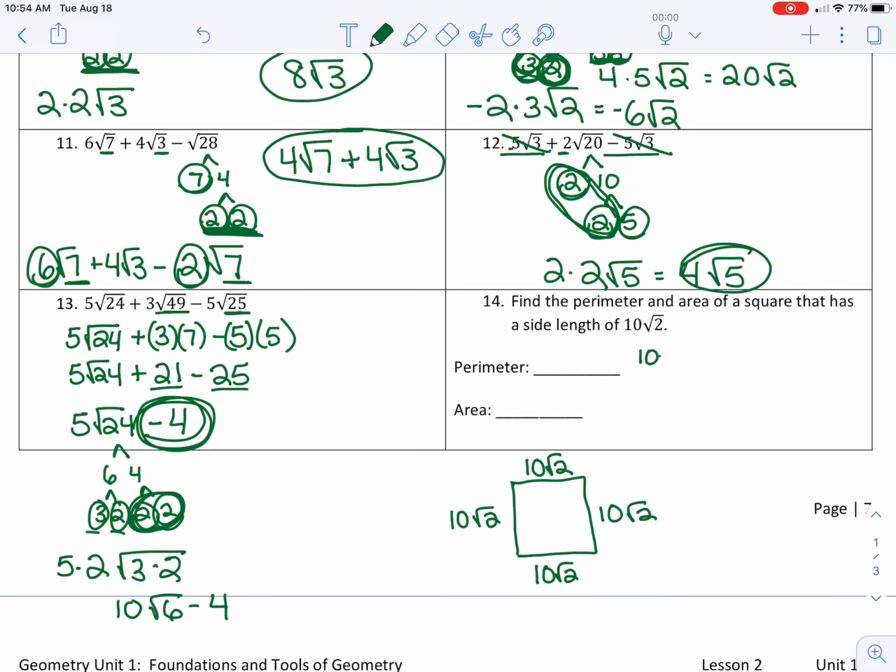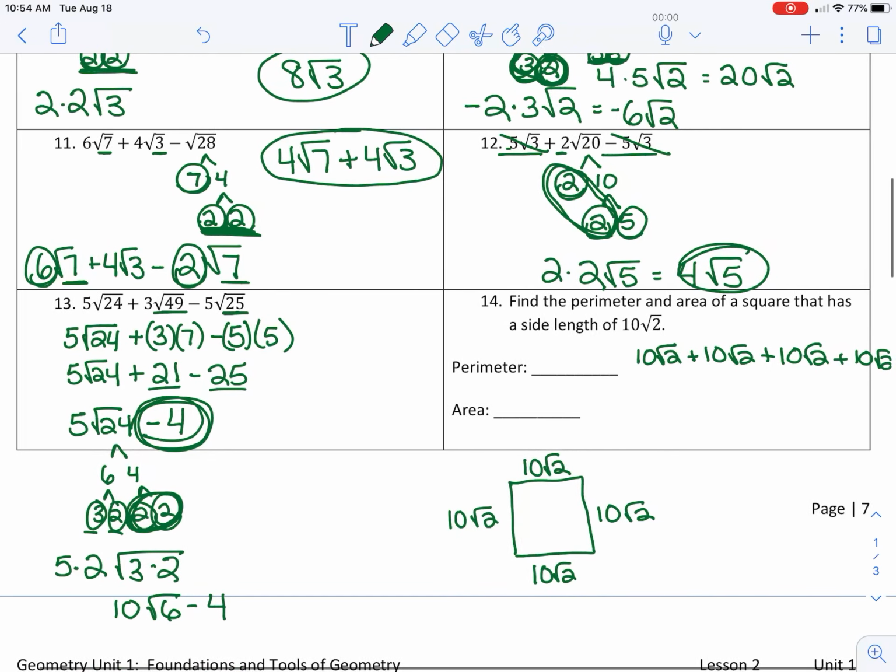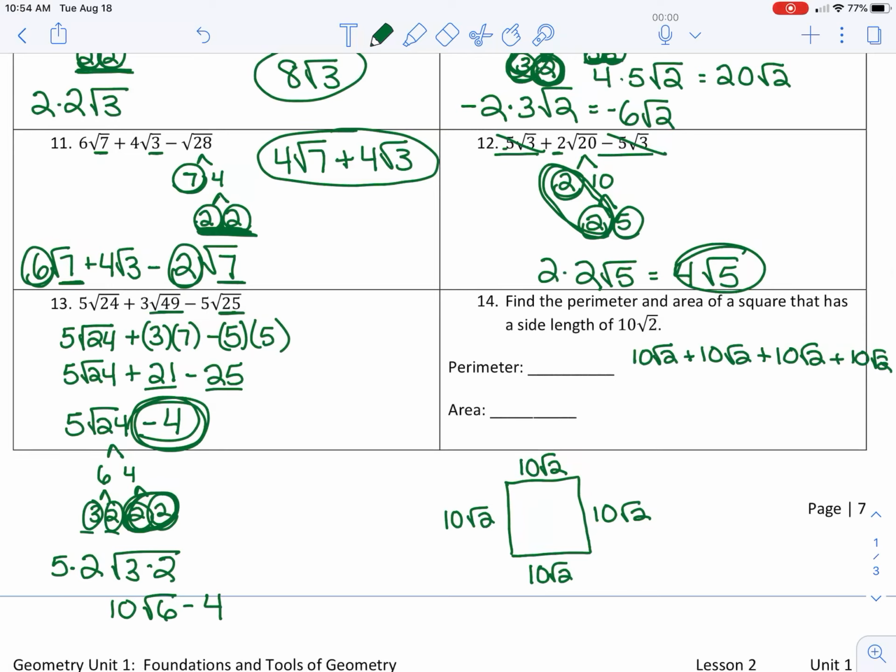So I'm taking 10 root 2 plus 10 root 2 plus 10 root 2 plus 10 root 2. Okay, and if I do that, let me try to finish that out. Oh my goodness, that made it look 10 times worse. Okay, so if I try to finish that out, I can see, okay, I have root 2, root 2, root 2, and root 2.